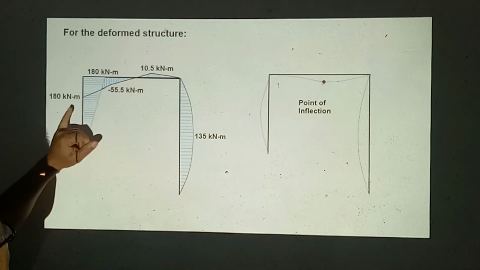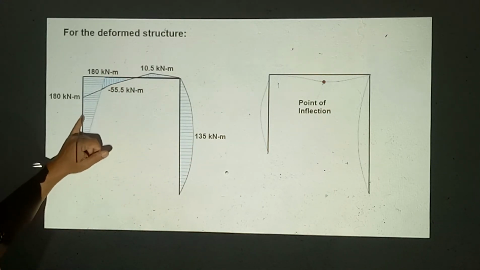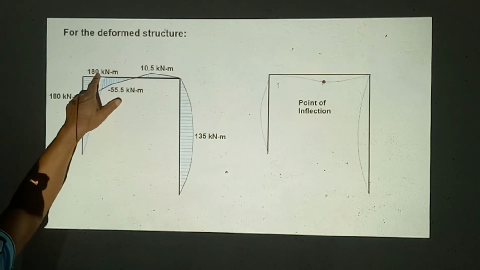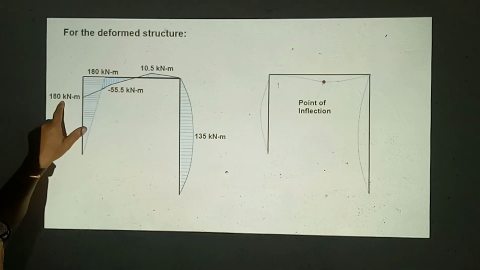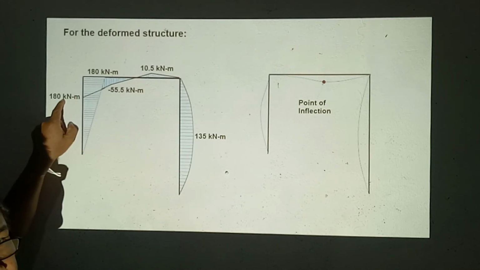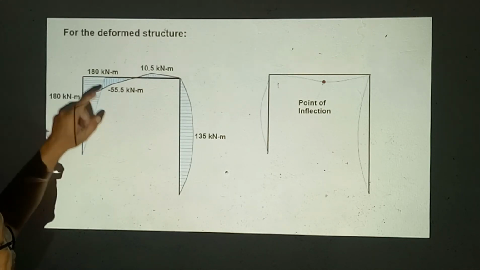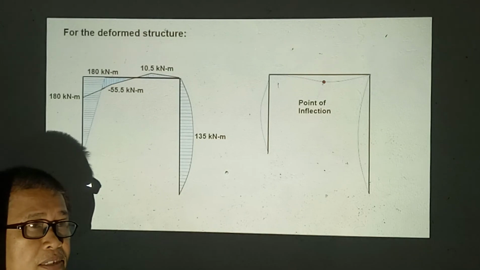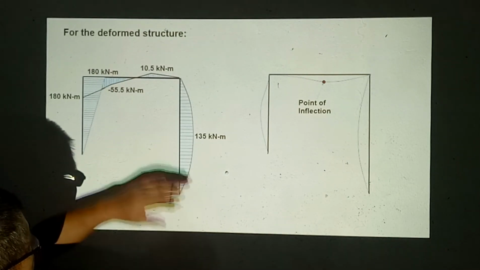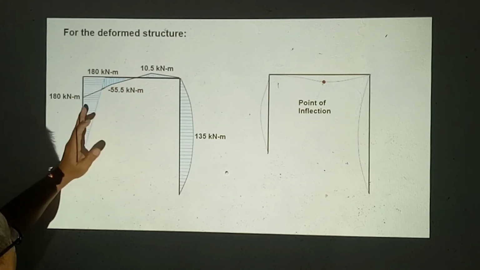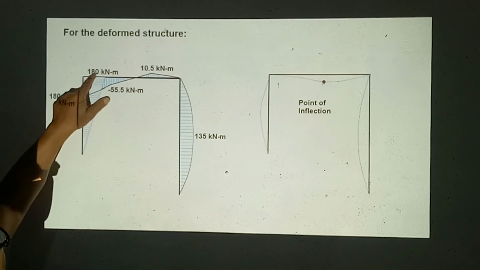the values that we have obtained, the column should be designed with this moment, 180 kilonewton meters, the maximum moment. The beam should also be designed using this maximum moment of 180 kilonewton meters. They are meeting at a point where it is fixed, so therefore the moment should be the same, the maximum moment should be the same. So for the beam and the column AB, it has to be designed using this one.